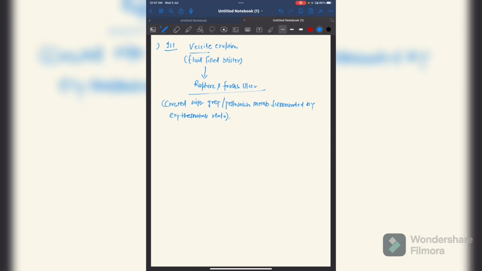Right, after some time, it causes a secondary lesion. It is also known as recurrent herpes.